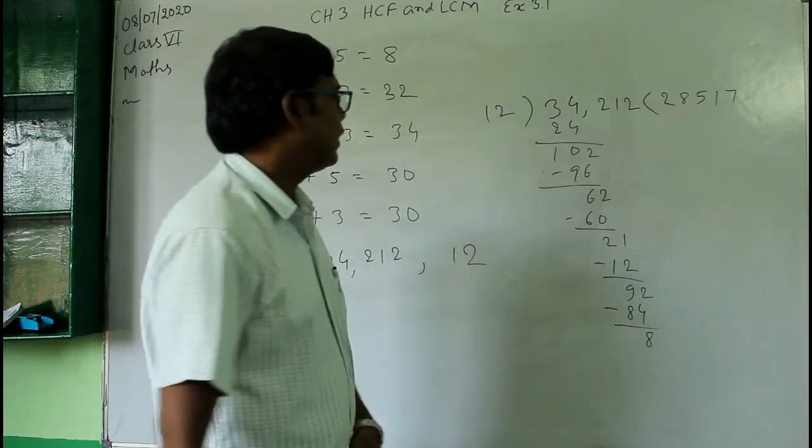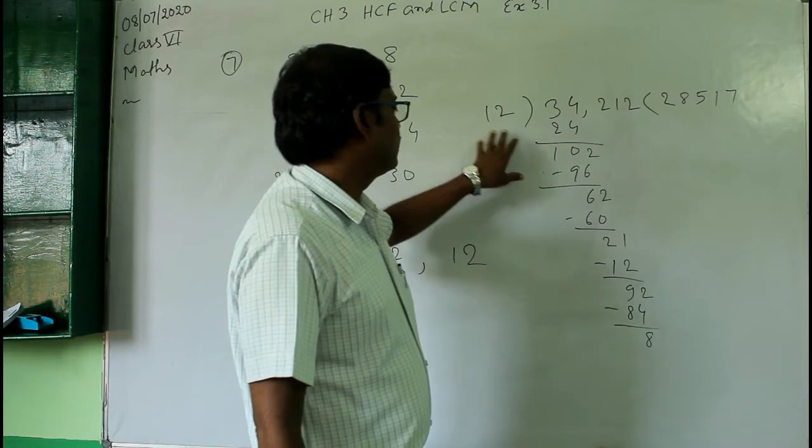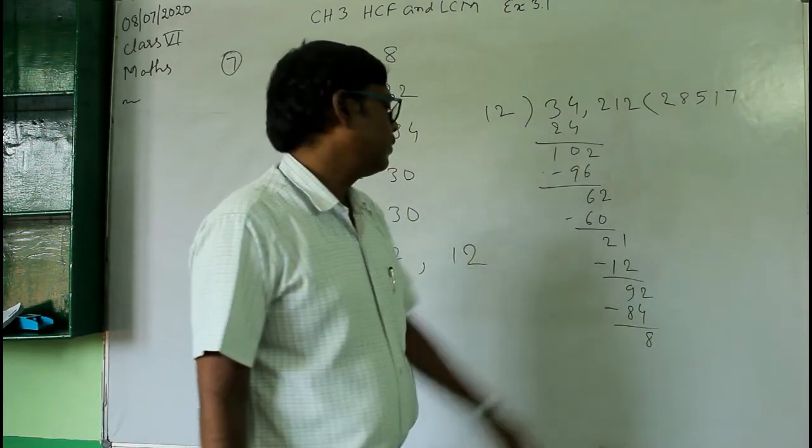Now see here that when you divide this number by 12, the remainder is not equal to 0.